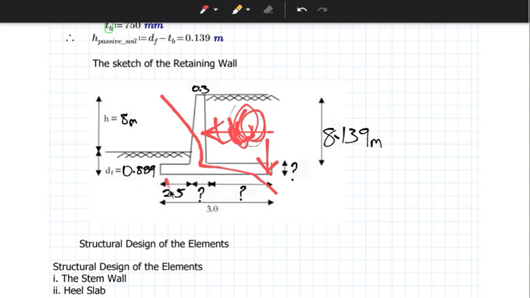Then the passive pressure would push this one here, because the pressure coming like this would exert pressure on the soil, and the soil would react back, making this fail this way. This is how we design a retaining wall, especially a retaining wall that is retaining soil, just like we have here.